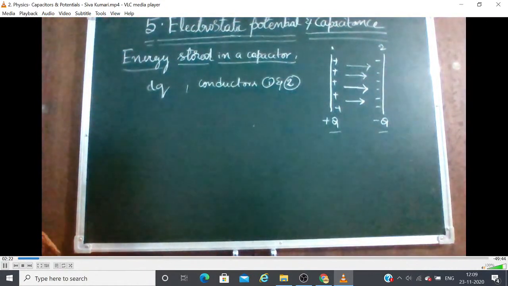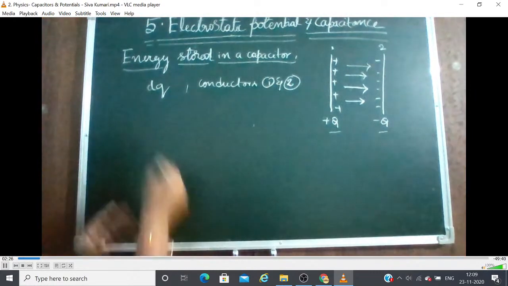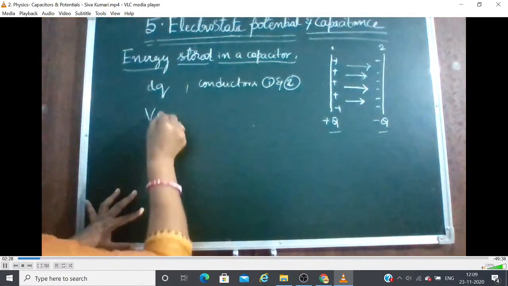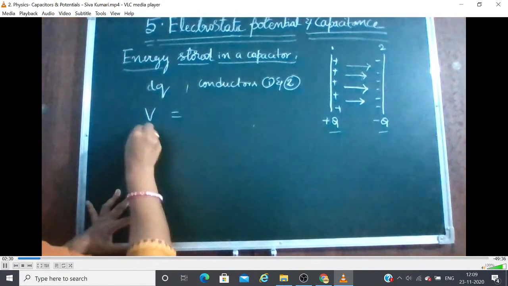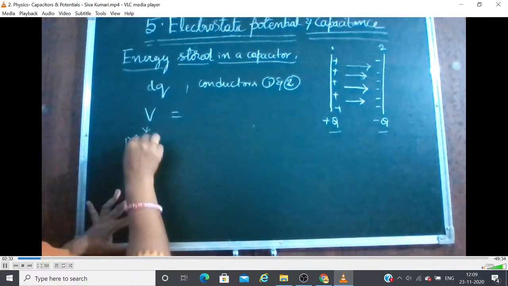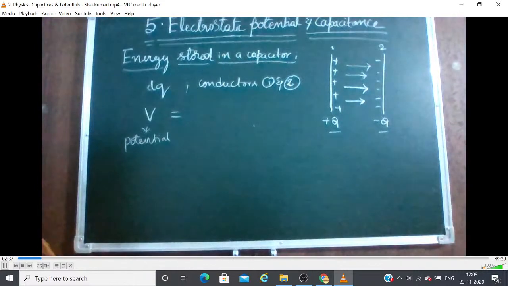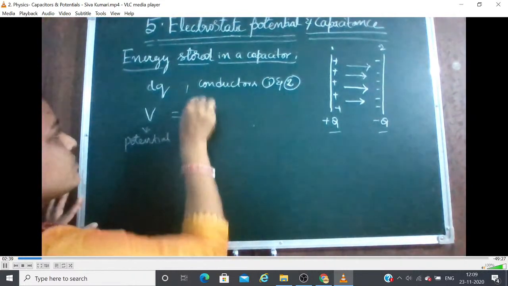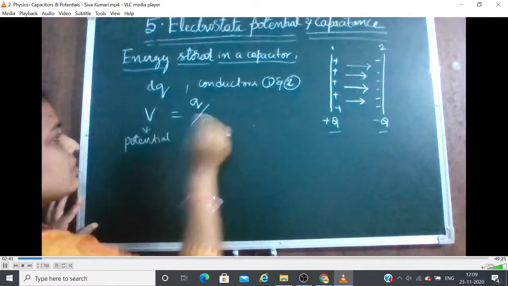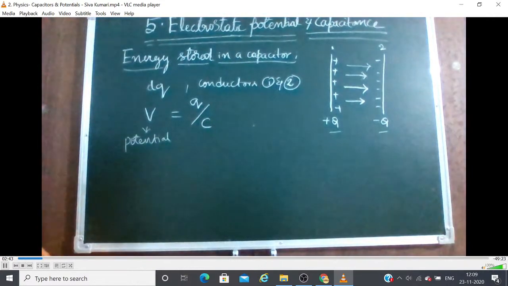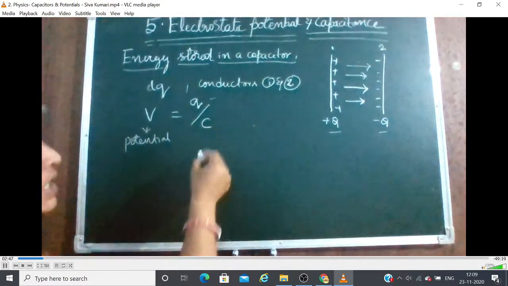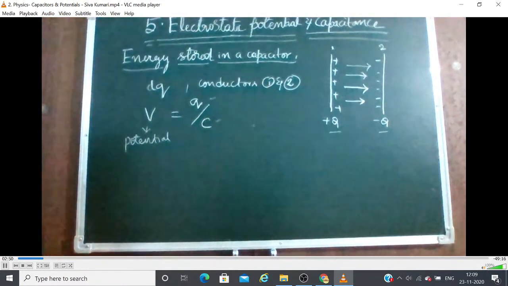So in this capacitor, V is the potential acquired because of charge Q, where Q is the charge and C is the capacitance of that capacitor.